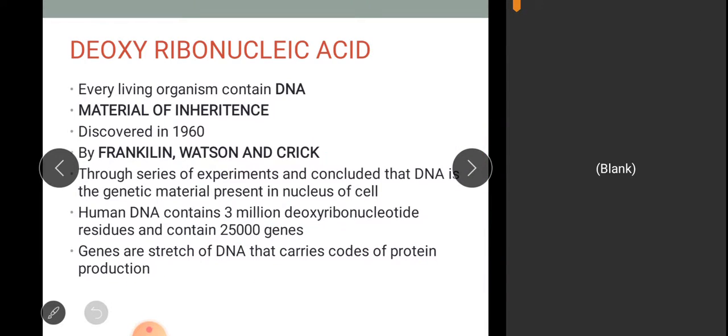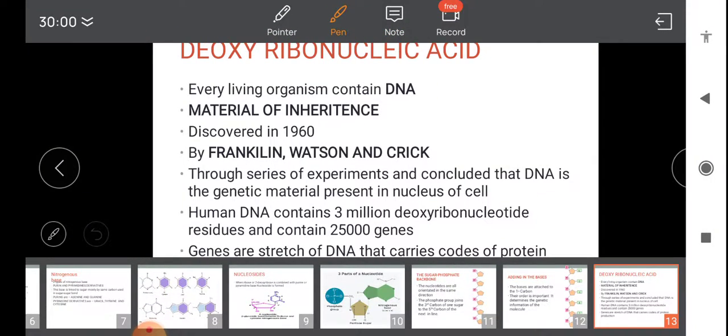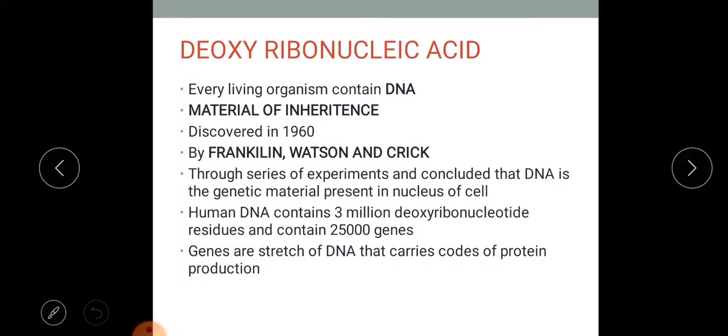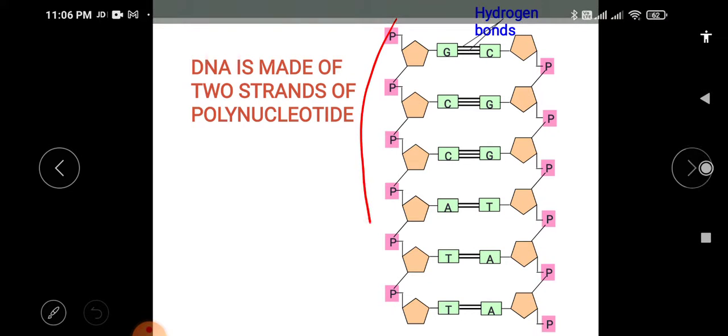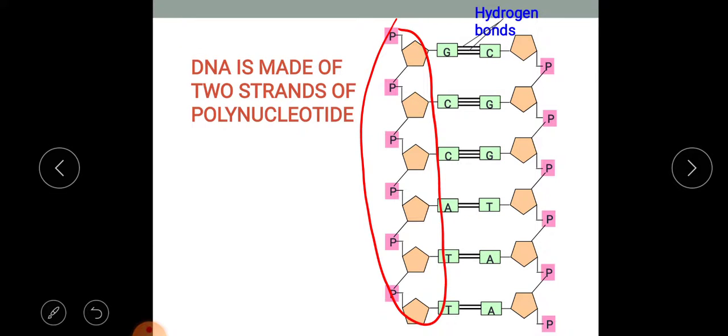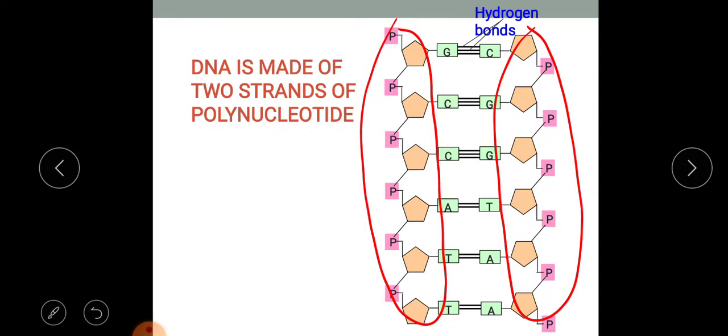Now we discuss what we mean by deoxyribonucleic acid. You are very familiar with DNA as well as RNA. So let us proceed to the DNA structure. Here you have one polynucleotide, this is another polynucleotide. These polynucleotides are joined by hydrogen bonds between the nitrogen bases.